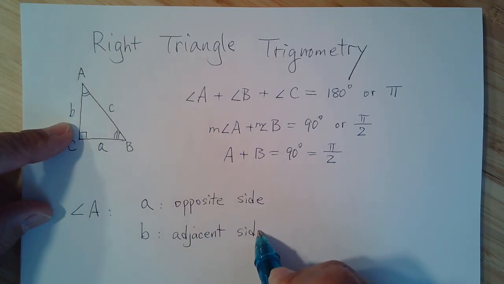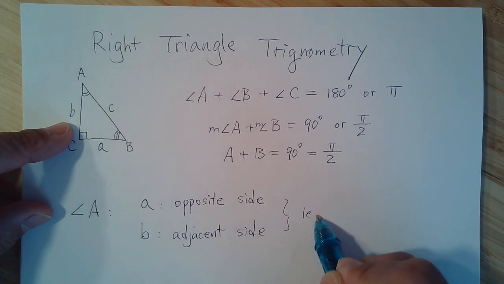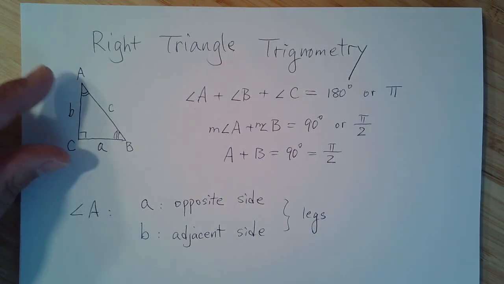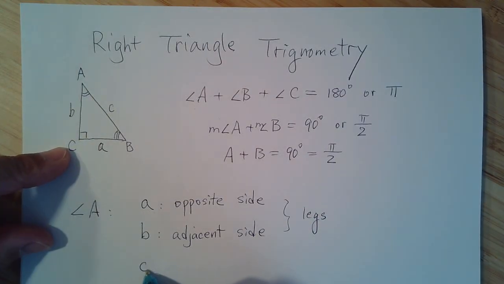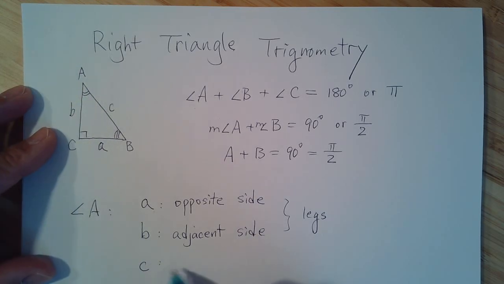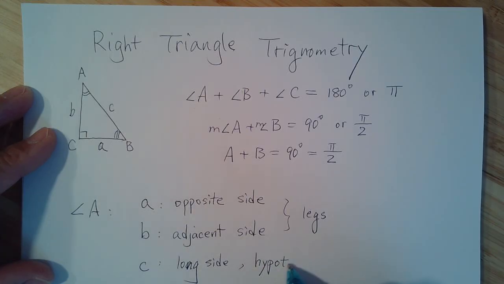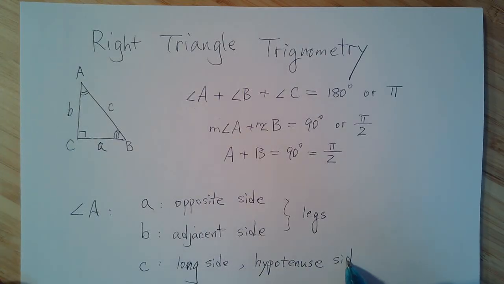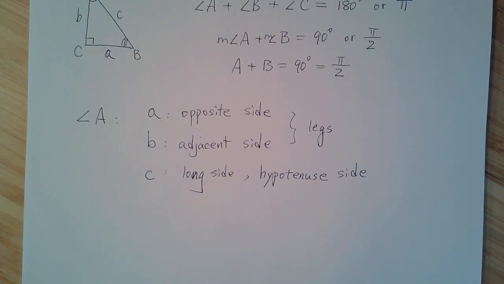Can you see that? These two we also call the legs of this right triangle. And this little c, I call this the long side. Just to make it easy, but actually it has a very interesting mathematical name. It's called the hypotenuse, or hypotenuse side.